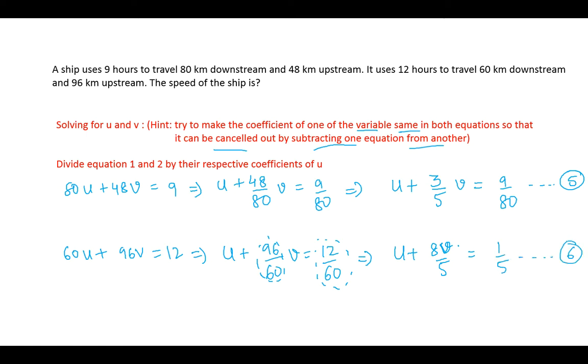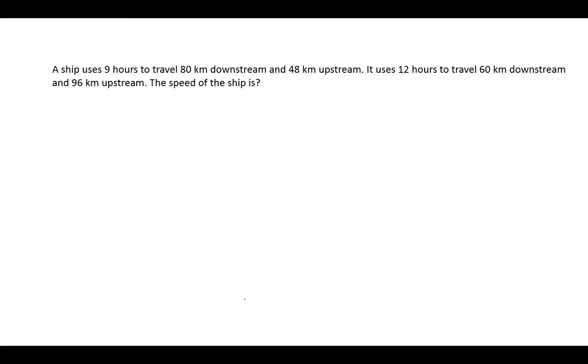Now you see, in both the cases, the coefficient of u is 1, which means if I subtract one equation from the other, I will get the value of v. So what I'll do, I'll subtract equation 5 from 6. Now what happens when I do that?